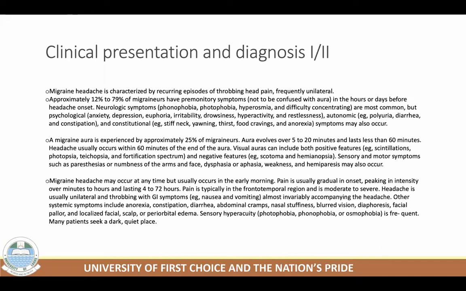These happen hours or days before the migraine itself happens. The aura is experienced by a fewer number of migraineurs, but it evolves over like 5 to 20 minutes and lasts about 60 minutes, for an hour. For patients who have this, it can be visual and it could be negative. So, for example, visual includes scintillations. Some people see visions as well.